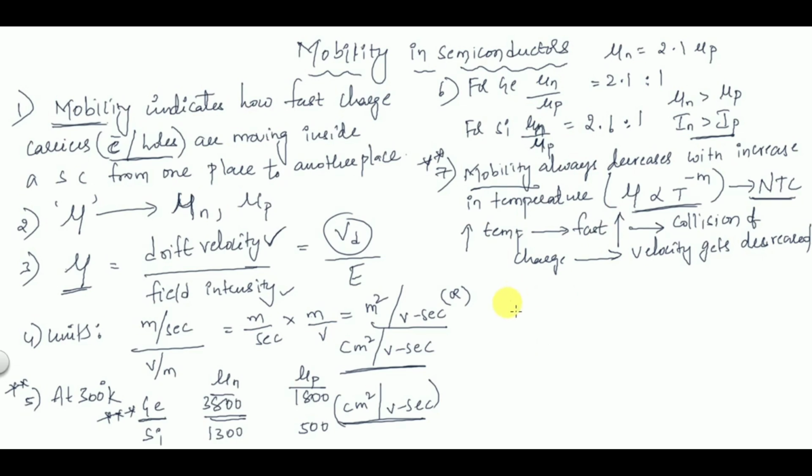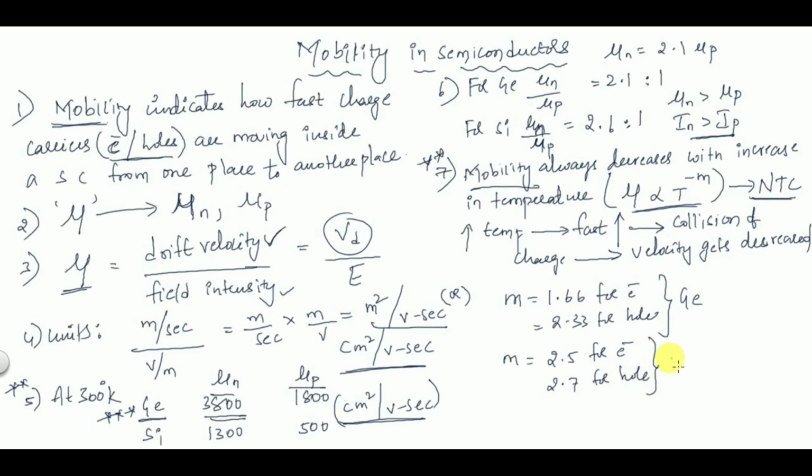Okay, so this m value is 1.66 for electron and 2.33 for hole in the case of germanium, and similarly this m value is 2.5 for electron and 2.7 for hole in the case of silicon. That means it will have a non-linear variation. This is also a very important point.